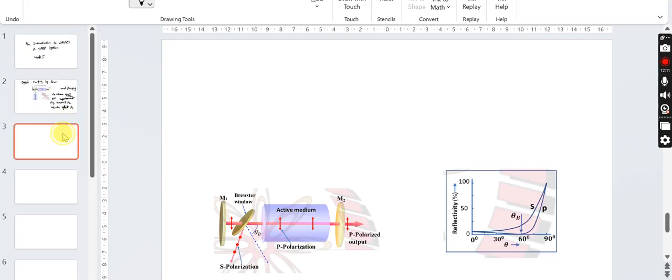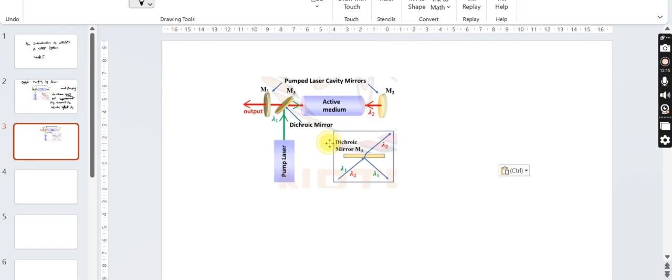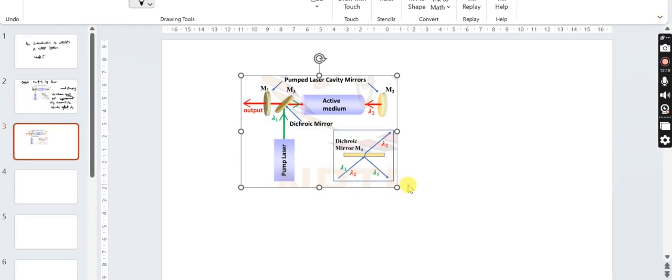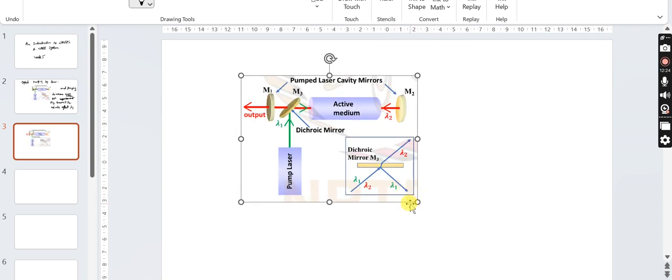In the last class I drew this diagram by hand, and it's not that good a drawing, so it has been provided in the lecture notes. Here is the dielectric mirror.